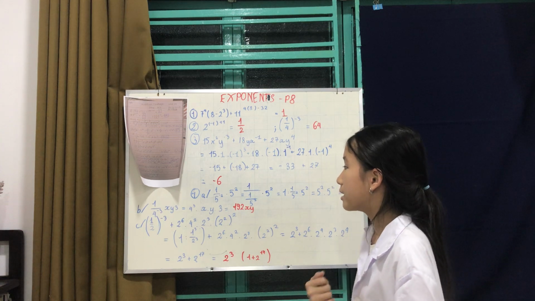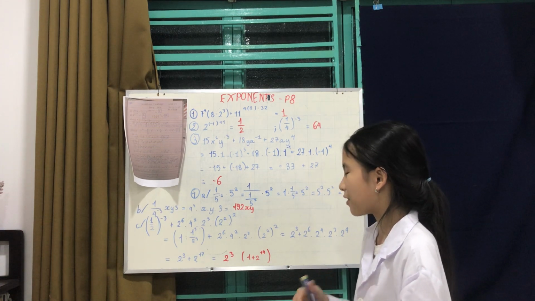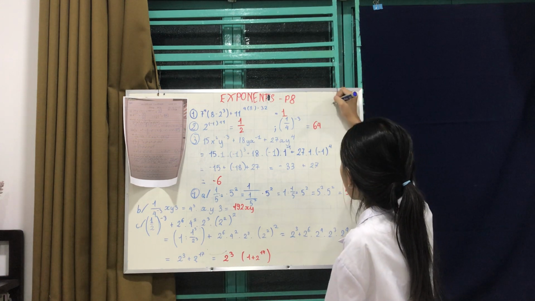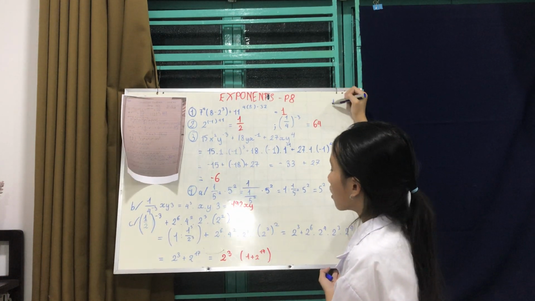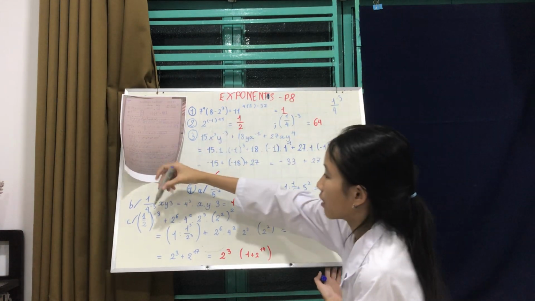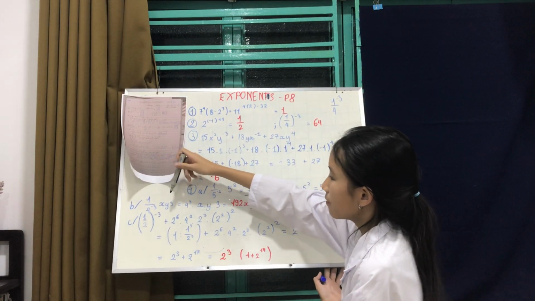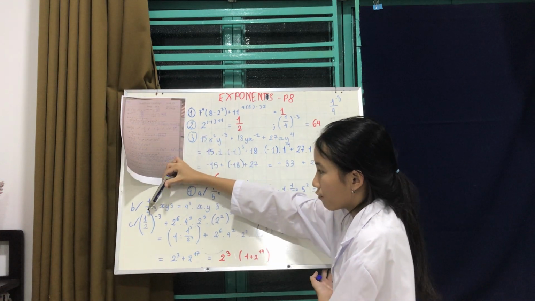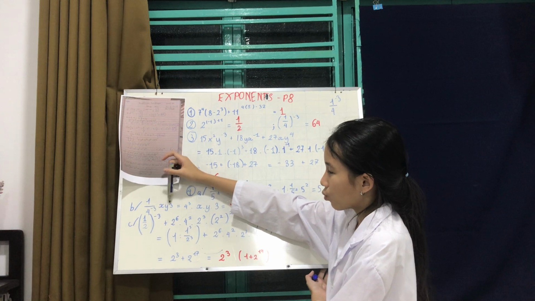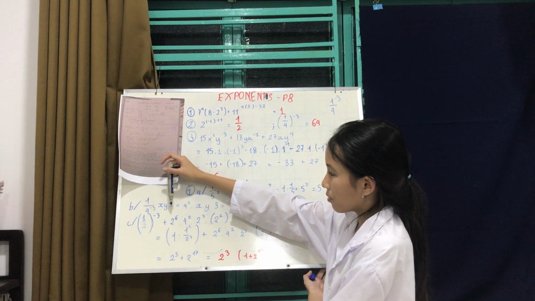Problem B is a bit different, but the first part is similar. Here's problem B. We have 1 over 1/4 to the power of -3 times x times y times 3.